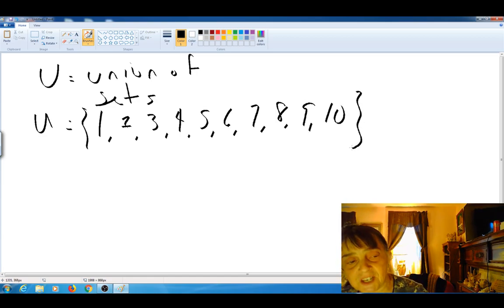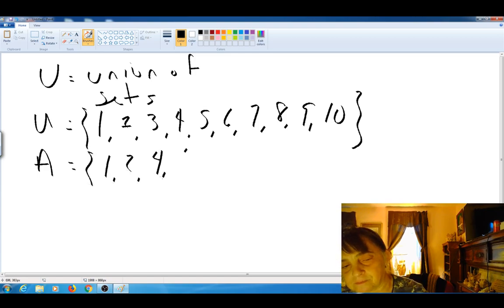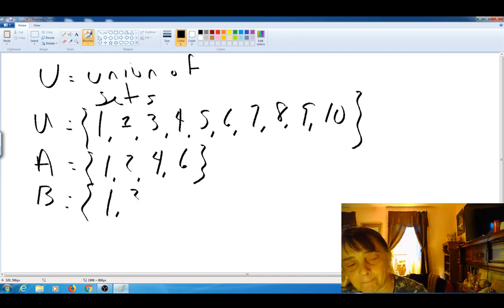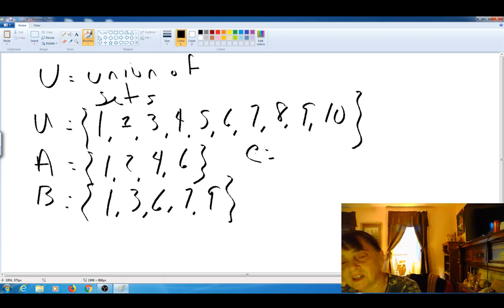A is 1, 2, 4, 6. B is 1, 3, 6, 7, 9. And C is 1, 5, 8.